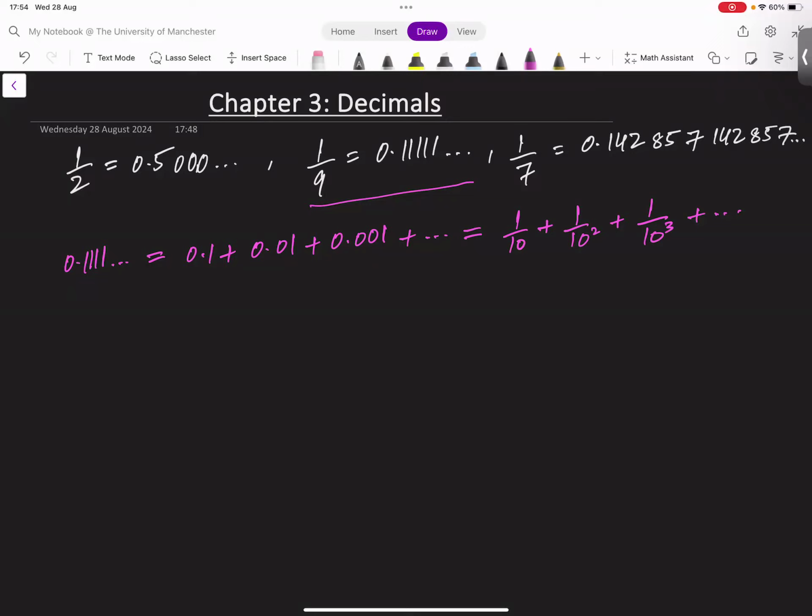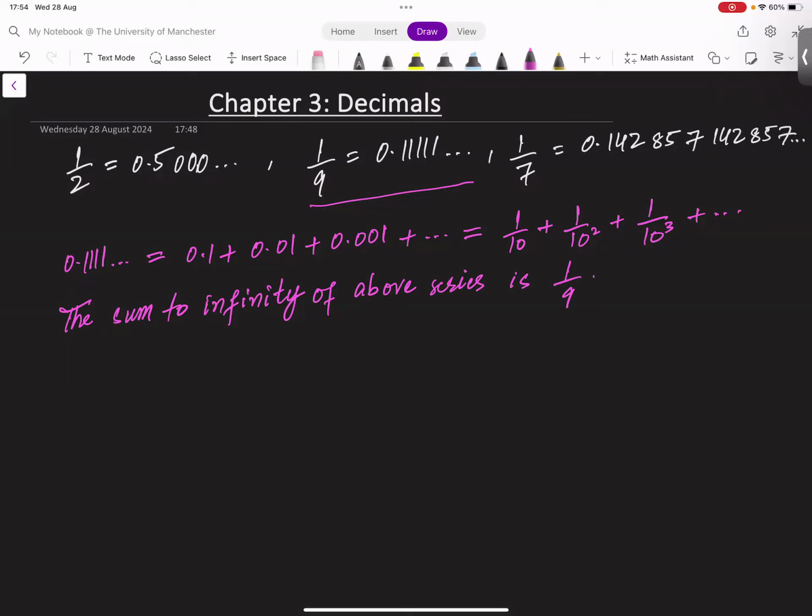So the sum to infinity of the above series is 1/9, and we can get as close as we like to 1/9 provided we sum enough terms of the series.